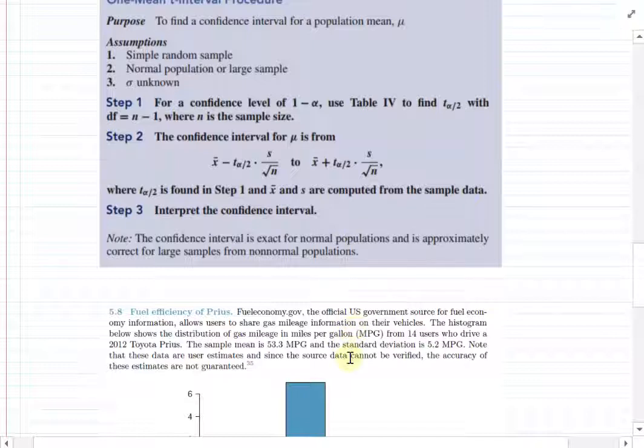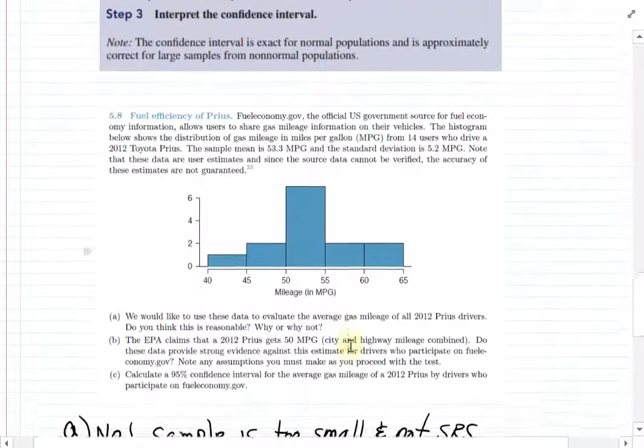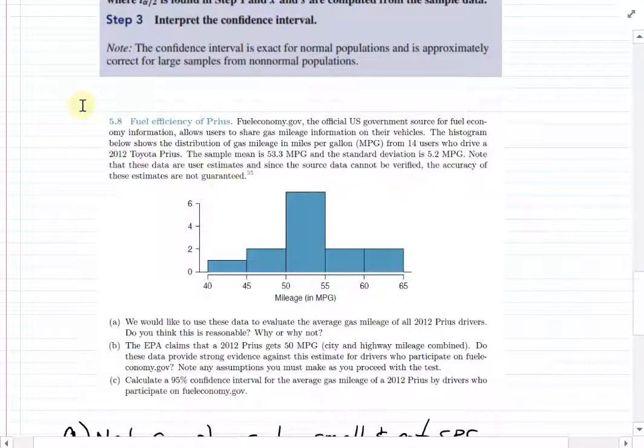Remember, we use the p-value method for hypothesis tests. So what I've done is I picked an exercise from the OpenIntro textbook that we are using. In this exercise, fueleconomy.gov, the official U.S. government source for fuel economy information, allows users to share gas mileage information on their vehicles.